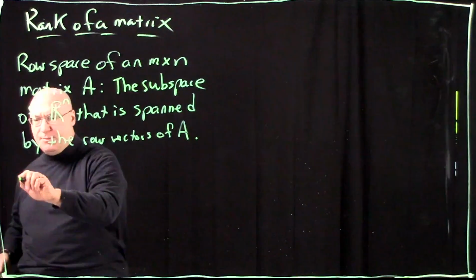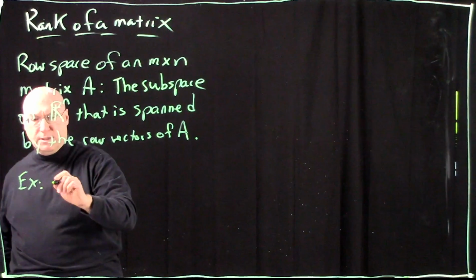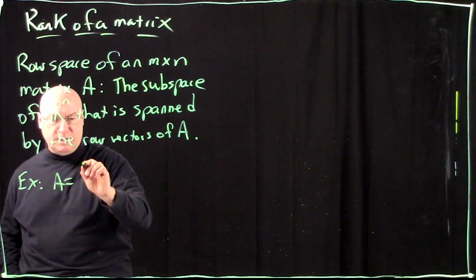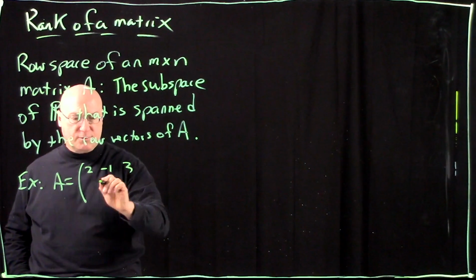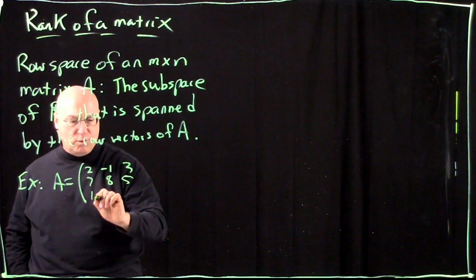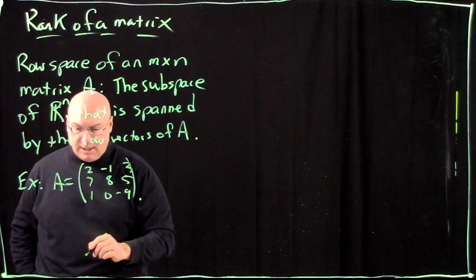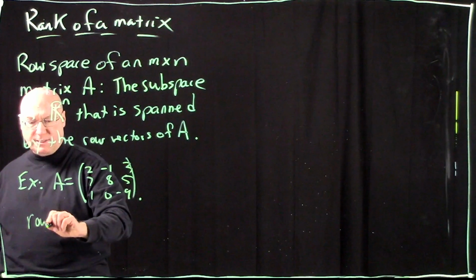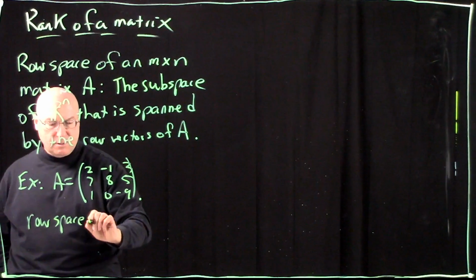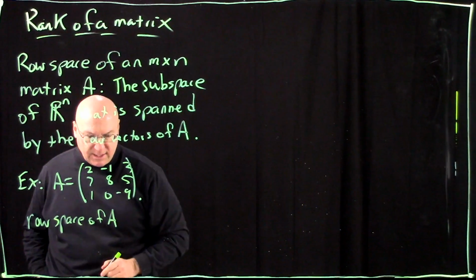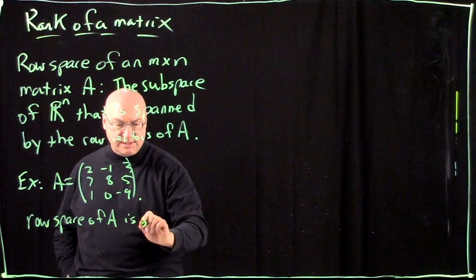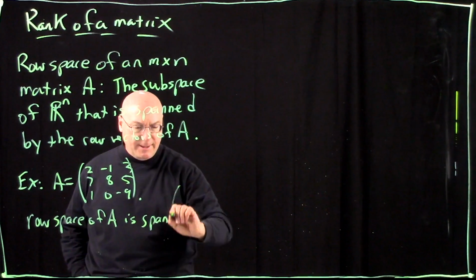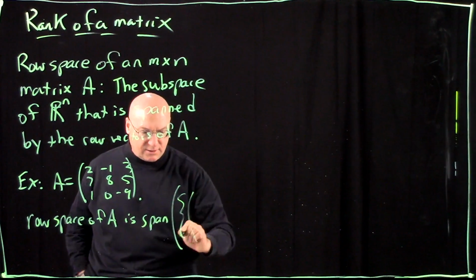So for example, let A be the matrix with rows 2, -1, 3; 7, 8, 5; and 1, 0, -9. Then the row space of A is the span of the set of vectors.